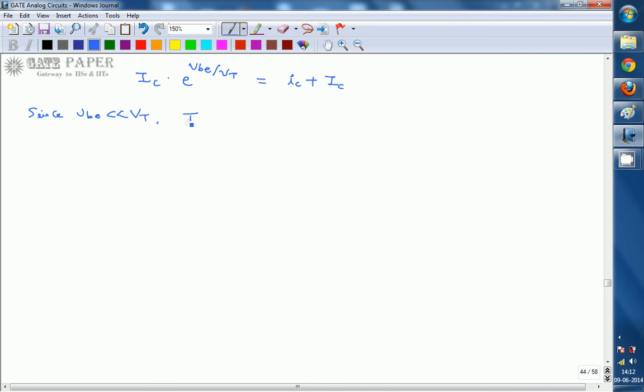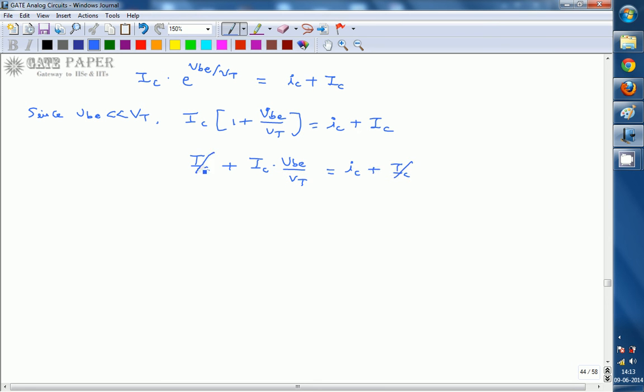By that time you can write the expression as 1 plus vbe divided by VT, which is nothing but capital IC plus small ic. So IC plus IC into vbe divided by VT is equal to small ic plus capital IC.